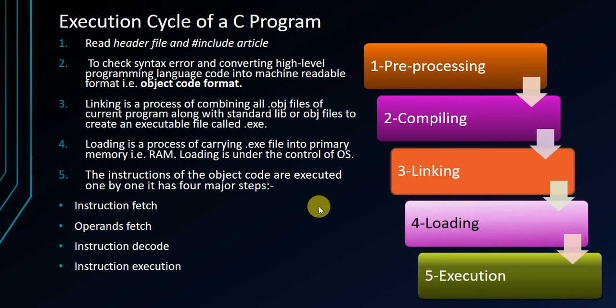And fifth is execution of the object code. The instructions of the object code are executed one by one. It has four major steps: instruction fetch, operand fetch, instruction decode, and instruction execution. I am not going into the technical details as we are just in our second video, and we will discuss each of them in great detail in our next video.